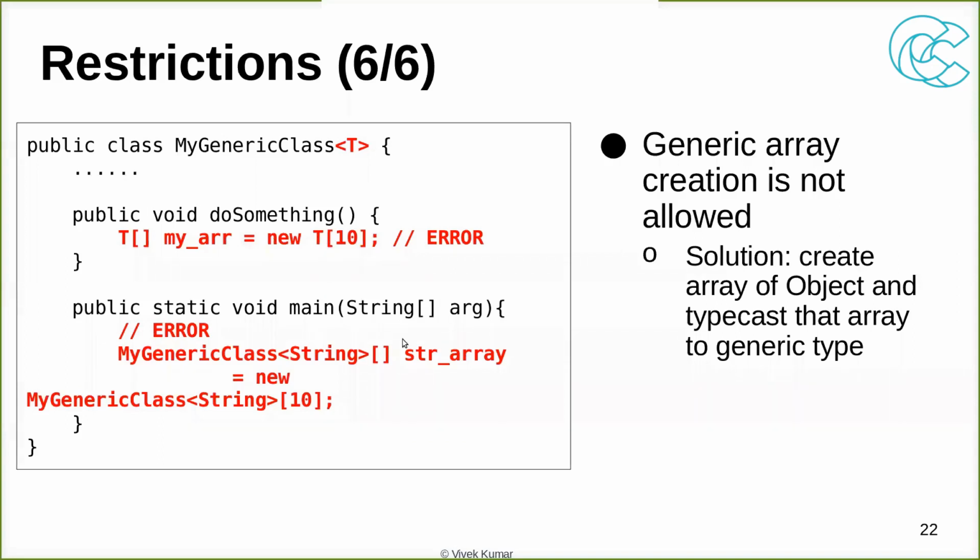Again, the reason is the same, it is related to type erasure. So if at all you want to do this, you can create an array of object type and then typecast it into whatever type you want.